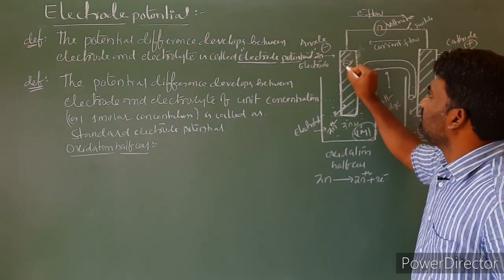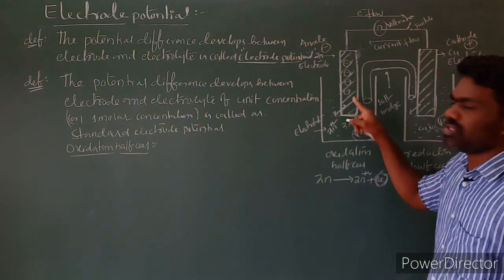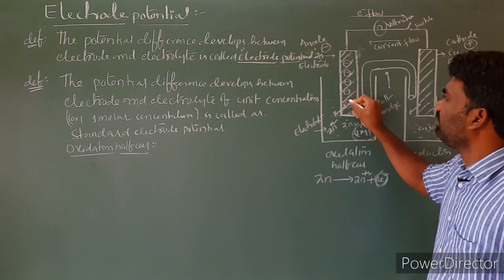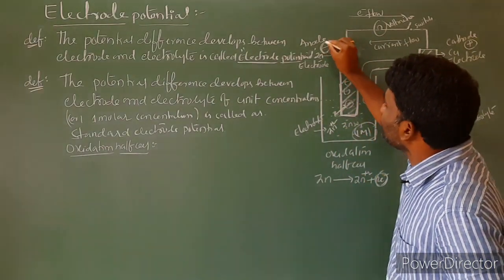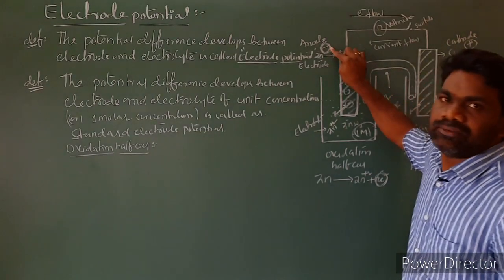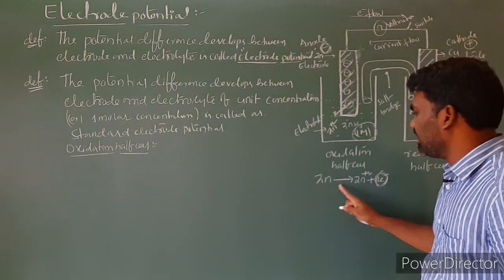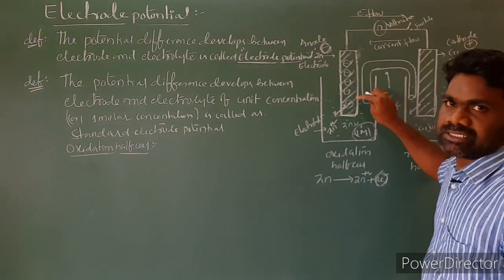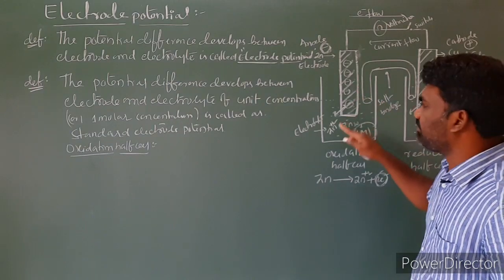These electrons remain in the zinc rod and make the zinc rod negative with respect to the solution. So the anode is negatively charged because zinc is losing electrons, and these electrons remain in the electrode.